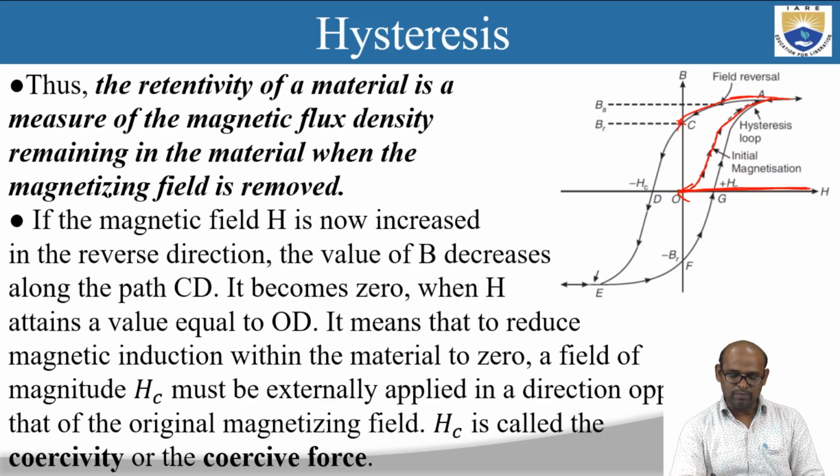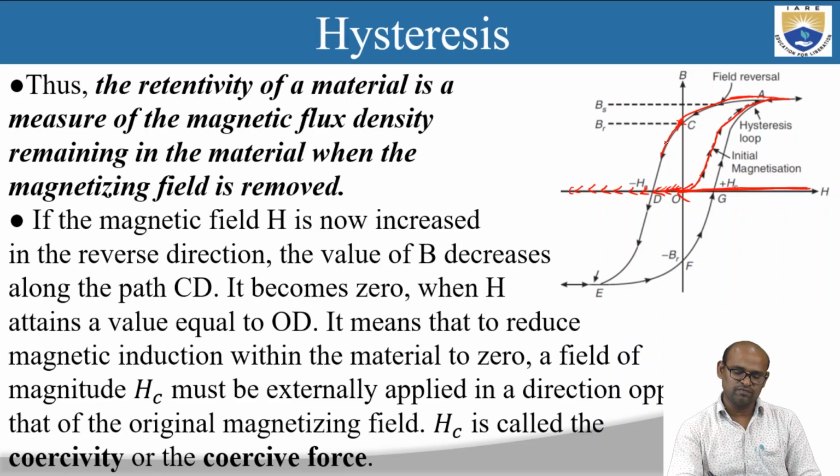Now, I am going to reverse the direction. From O, I am increasing the field in this direction now, and I want to see what happens to the magnetic field induction. As I reverse the direction of applied magnetic field and start increasing it, I find that the magnetic field induction decreases.